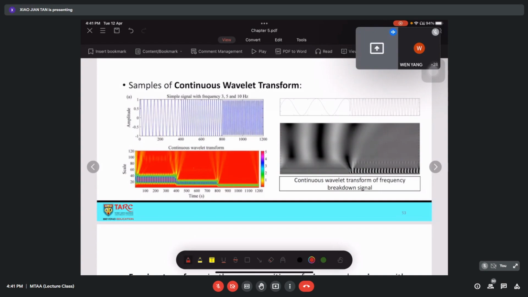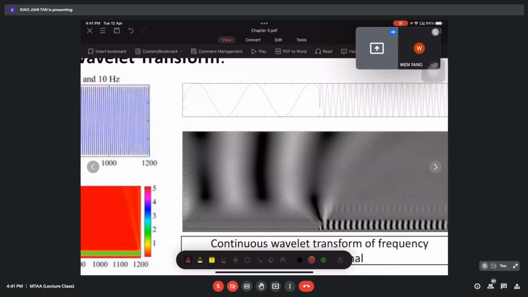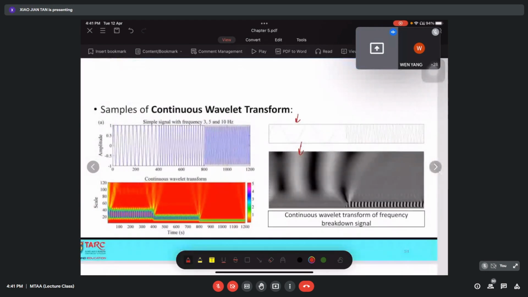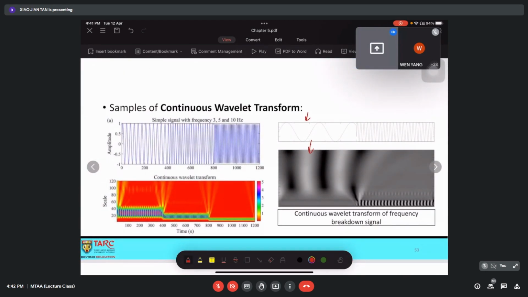I will not go deep on this one, but nonetheless, you can see this is correlated to this one. When you have lower frequency, the streaks will be far apart. When you have high frequency here, the streaks will be decomposed and broken down.